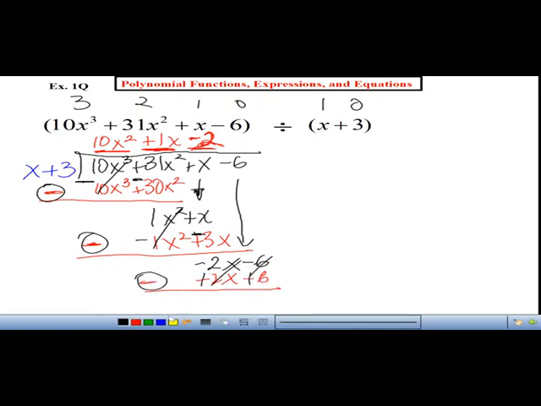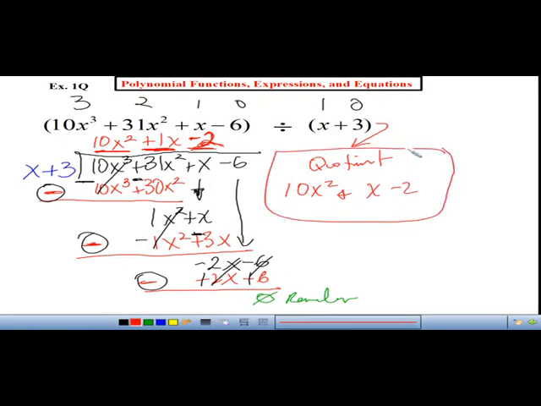Cancel, cancel. And we should have left 0 as remainder. All right, so once again, what is the question? This divided by that gives us a quotient. So our quotient is 10x squared plus 1x minus 2.